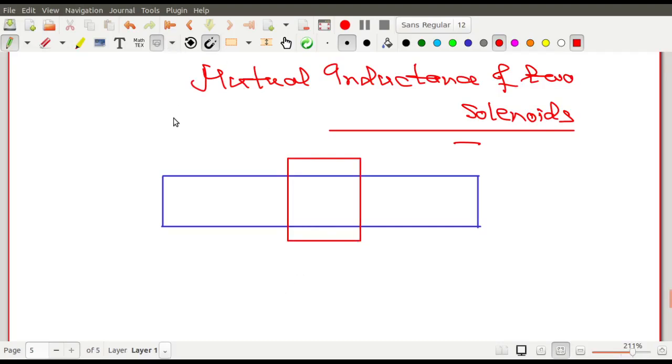We will definitely use the long solenoid expression. So these are the turns for the primary solenoid. I call one of them the primary. The blue one is called the primary and the red one will be called the secondary solenoid.